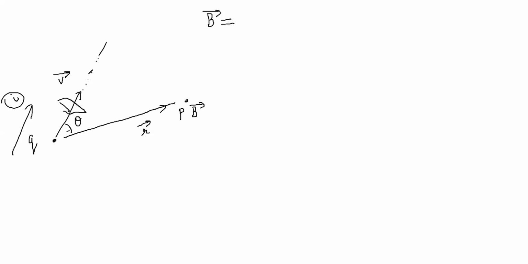As long as the charge is moving, it is like a current flowing. So again, you can write mu naught by 4 pi, and what will come is Q V cross R by R cube. This is your magnetic field due to it.